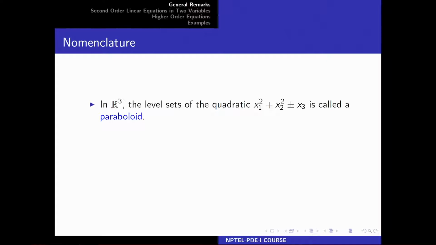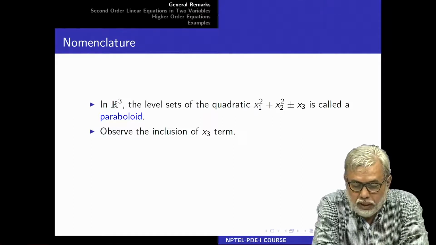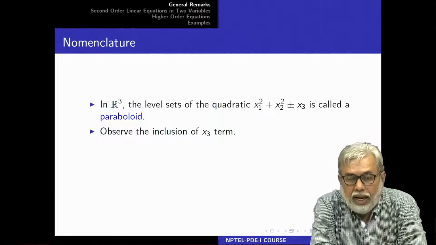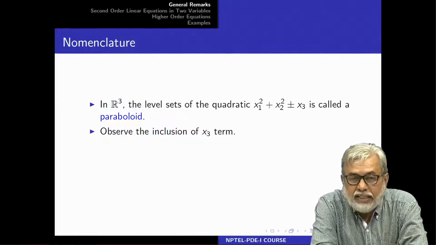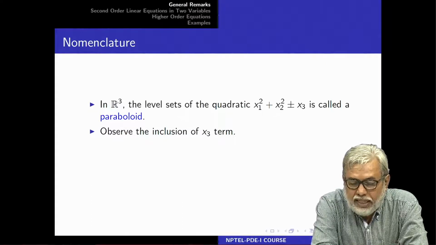So, you observe the inclusion of the term x3. So, we are adding that. It is not a quadratic, but we are also including a lower order term and that too in the third variable.